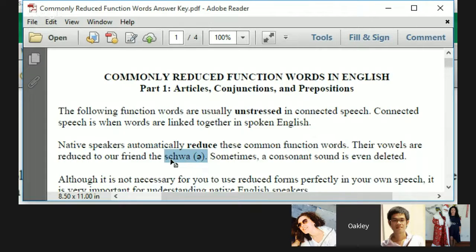The schwa sounds basically like uh. It is a very fast sound, and the reason that everything gets reduced to this is, okay, front, back, the schwa is in the middle. Up, down, the schwa is in the middle. It's like when you're changing your gear shift in your car to neutral.